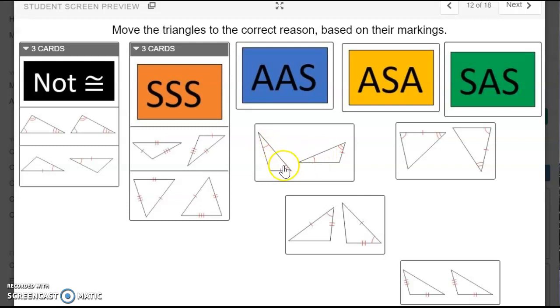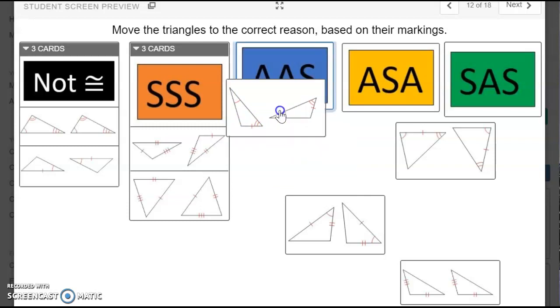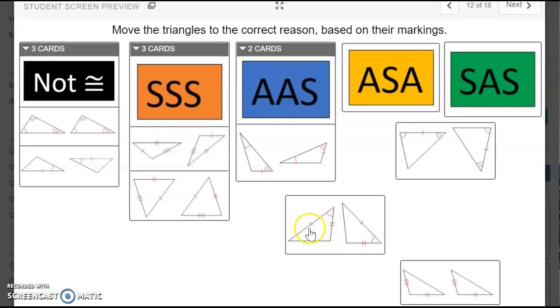So this is angle, angle, side. What about this? We have one pair of sides, a second pair of sides, and an angle that is in between the 2 congruent pairs of sides. So it's going to be side, angle, side.